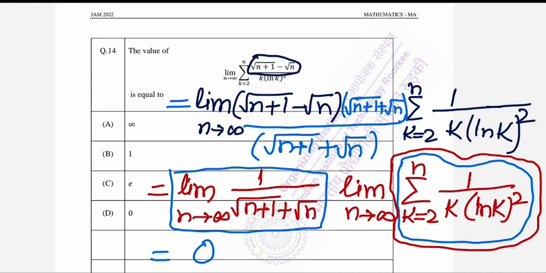Let us now prove whether the series is convergent or divergent. For that, I have to clear the space.